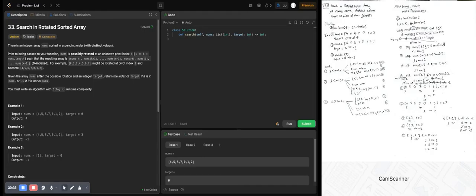Hold on a second. Okay, I think this should be right. Let's see. Then in here we would set the right hand side to mid minus 1.